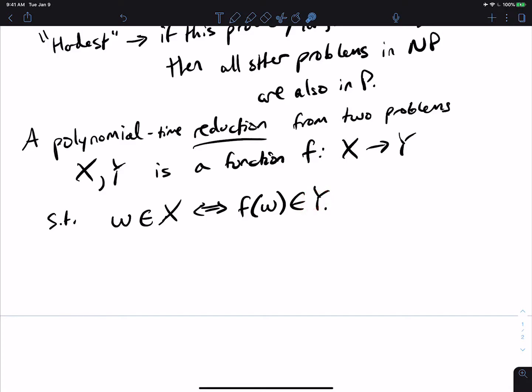And if we do have that property, but it doesn't run in polynomial time, then it's not a polynomial time reduction, for obvious reasons.